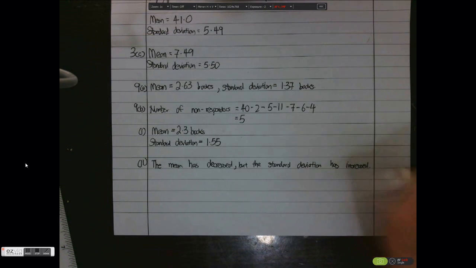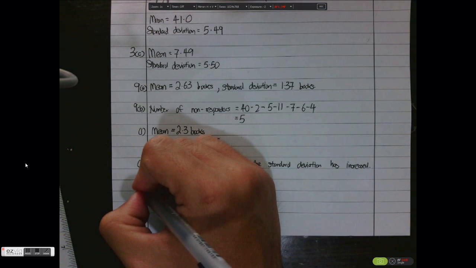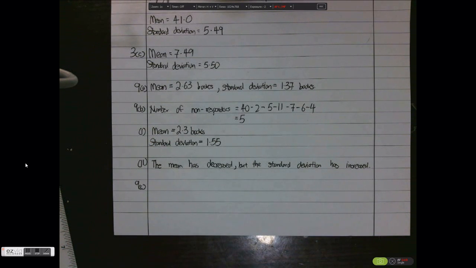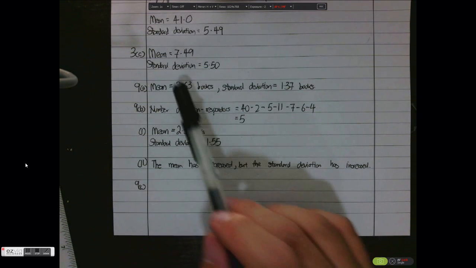Now 9C. For 9C, they ask us if this method of treating the missing data as 0 values is appropriate. We think of it for a short while. We treat them as having read 0 books. But what is the mean number of books you have read? Notice that the mean number of books that is read is actually 2.63.